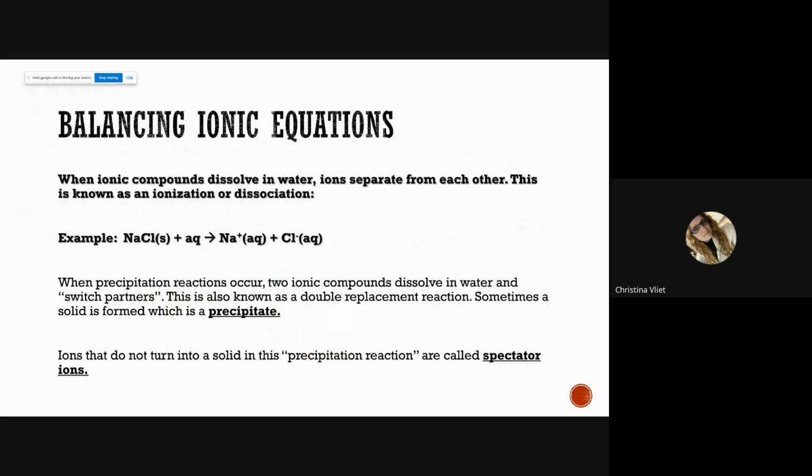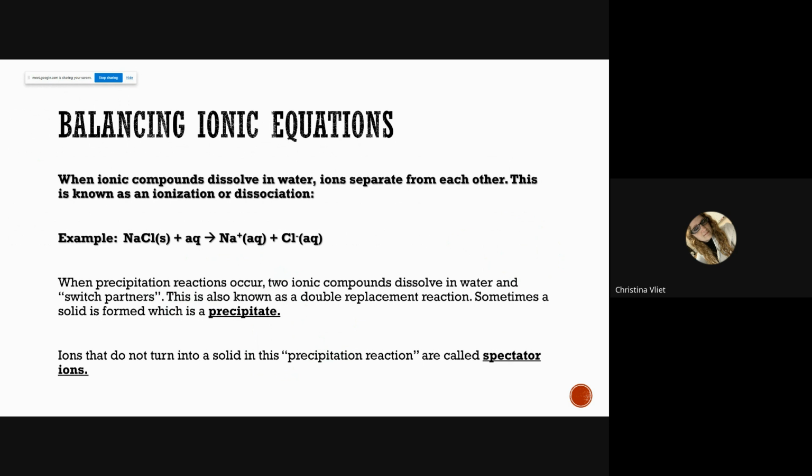Okay, so here we go. First thing is kind of a new topic. I don't remember how much I covered it last year. I know the year before I definitely went over it more. But I think we did go over dissociation when we were learning about acids and bases.